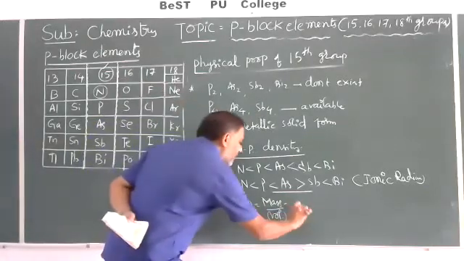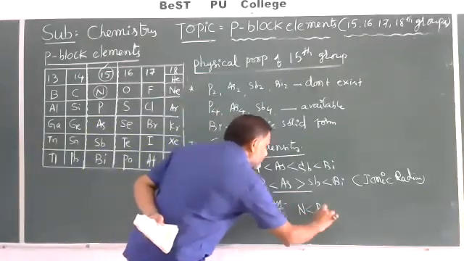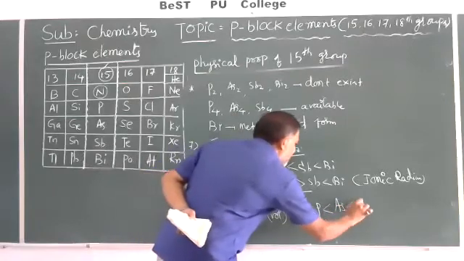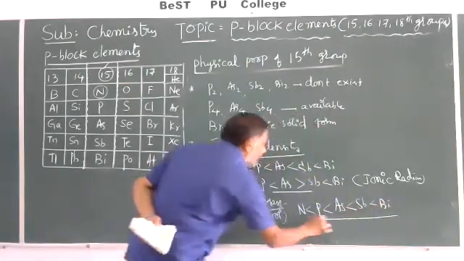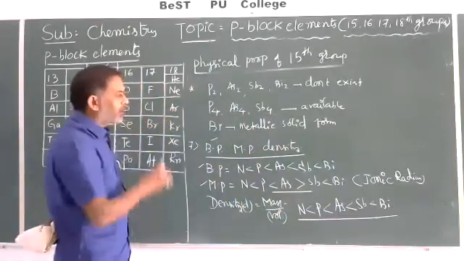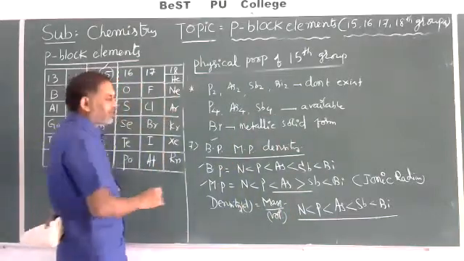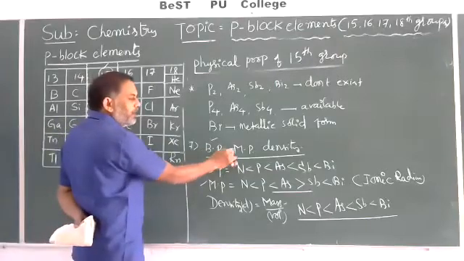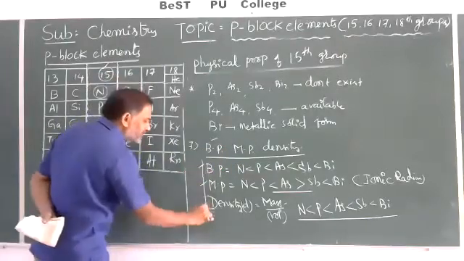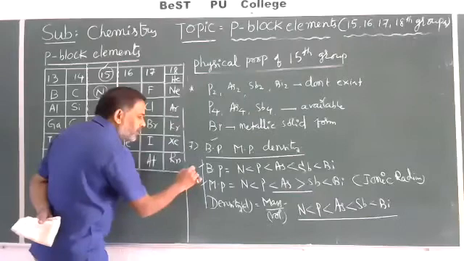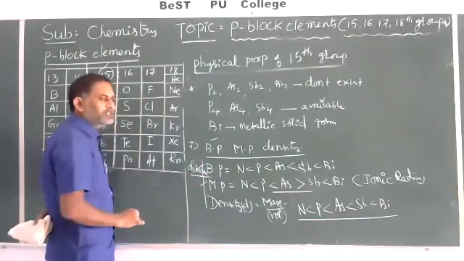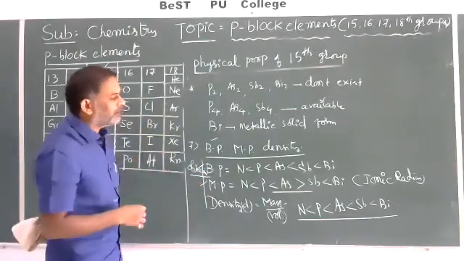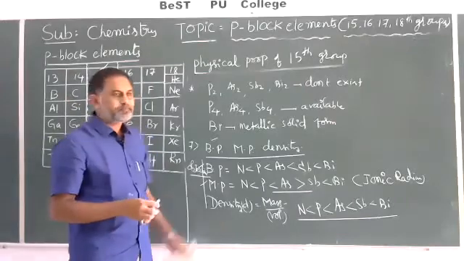That's why nitrogen is less than phosphorus, less than arsenic, antimony and bismuth. This is the order of density of the 15th group elements. These orders of boiling point, melting point and density are very important for objective questions in competitive examinations.